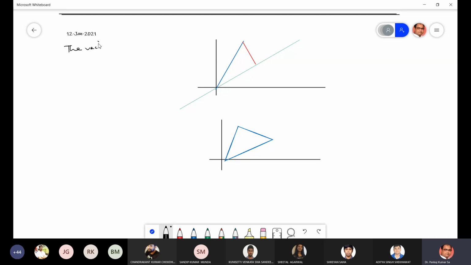The vectors X and Y are orthogonal if X transpose Y is equal to 0. This is what we know. But not all the time. This concept of orthogonality is quite important.